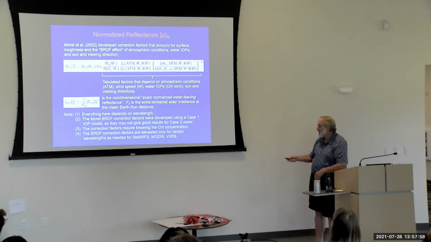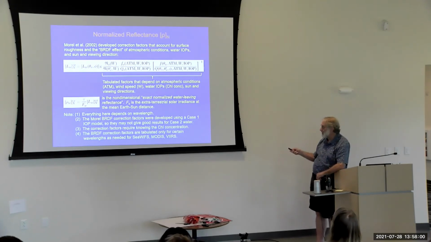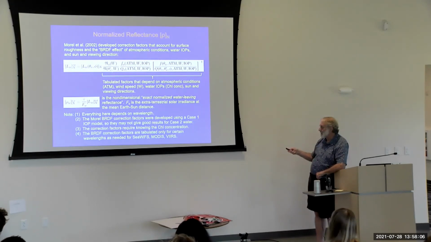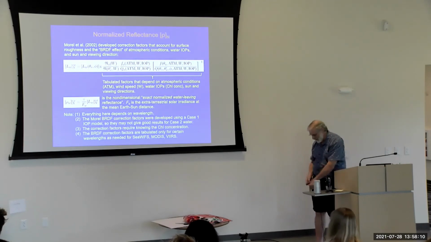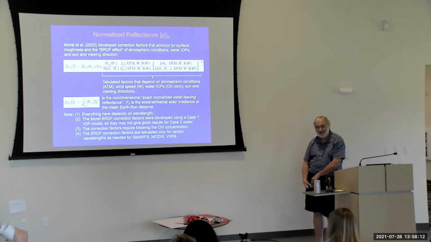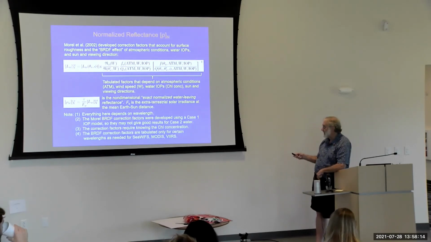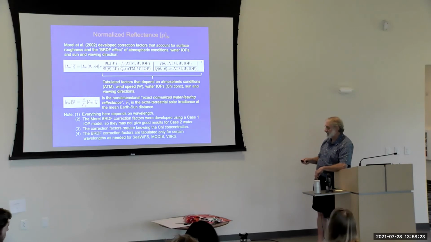And so he did a bunch of simulations and came up with this little fudge factor that says you plug in the wind speed W and your viewing direction, and this factor here will normalize it to nadir viewing and no wind direction. And then he has these factors F over Q, and they're sort of there for historical notation reasons, but that's what they get called.